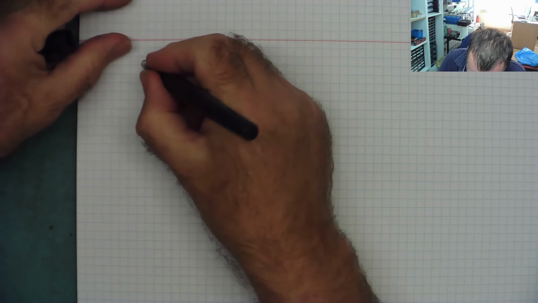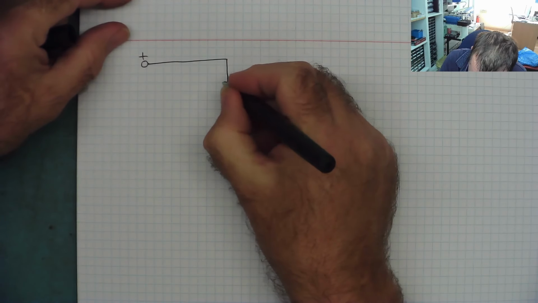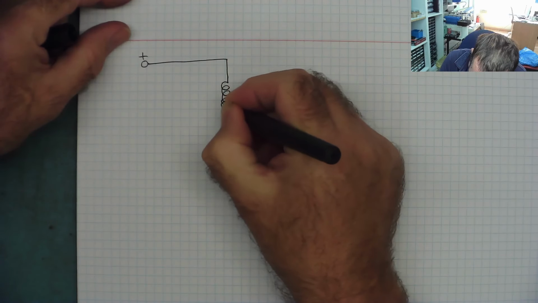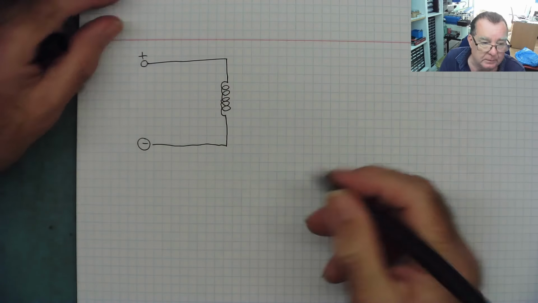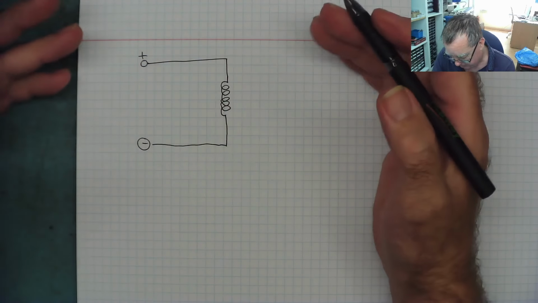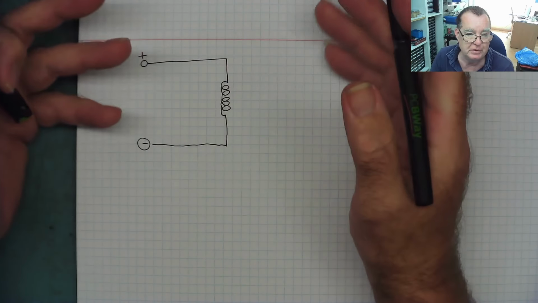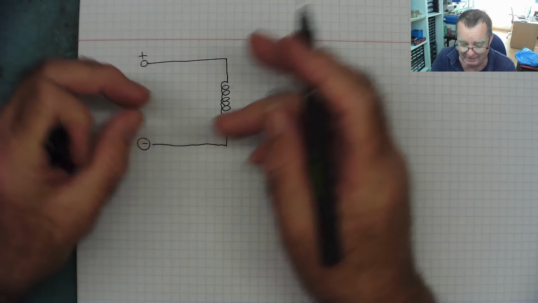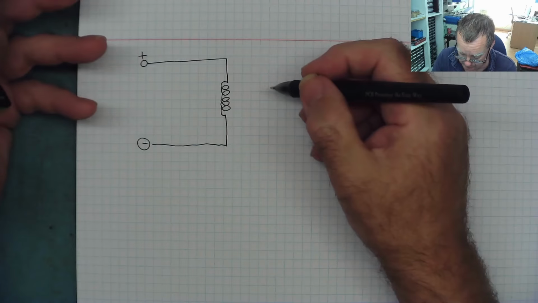With an inductor, if we apply a DC voltage, plus to minus, the inductor passes DC. It's practically a short circuit as far as DC is concerned, especially a small inductor. A very large one would read a bit of resistance, but it's basically a short circuit.